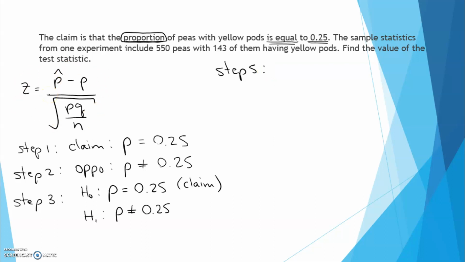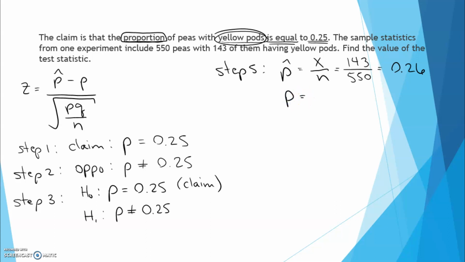Okay, so we need to figure out what is our p hat. And remember, p hat is equal to the success, what we're looking for, divided by the total. Well, we're looking for peas with yellow pods. And I've got 143 of them out of 550 peas. So this would be 143 over 550, which will come out to be 0.26.